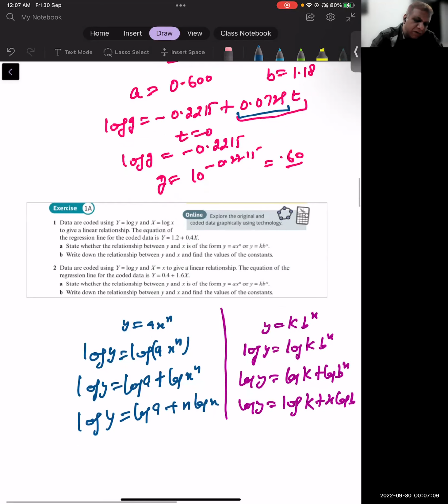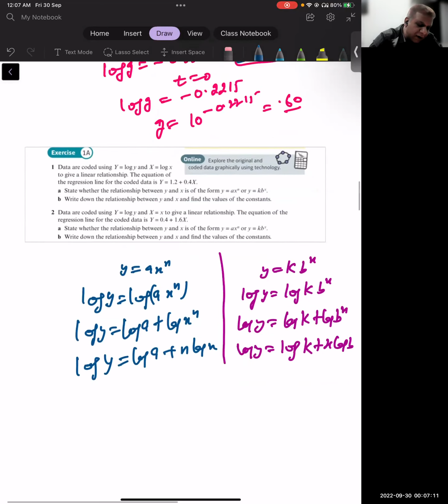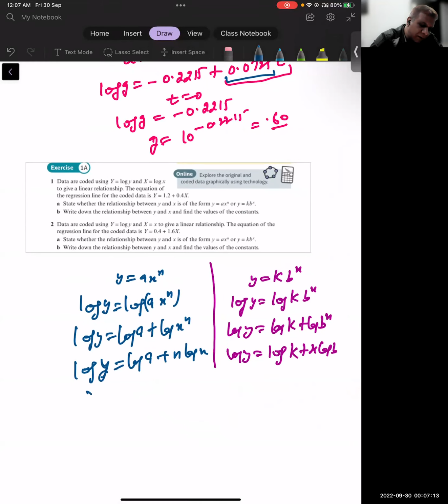In which equation, if you put log y to be capital Y and log x to be capital X, will you get the answer like the one given above? Sorry, log x is to be replaced by capital X, but there is no log x in one of them.